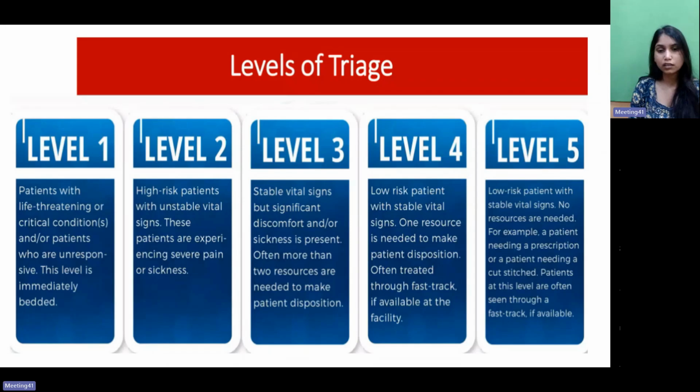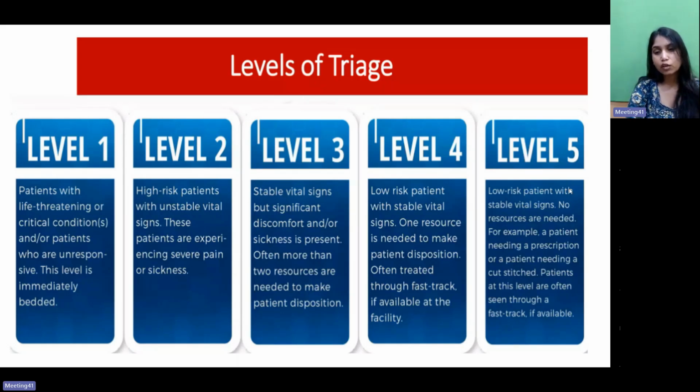The risk will be low compared to the other levels, but one resource is needed to make a patient disposition, often treated through fast track if available at the facility, right? If facilities are available, of course we should keep in mind that if there is any problem, we should always take it seriously and take care of them, right?